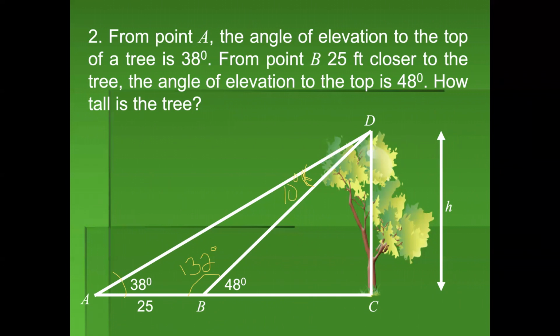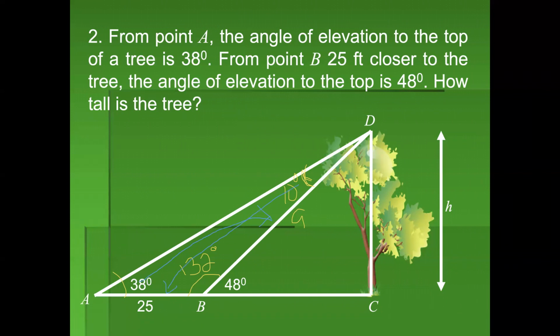Now let us just name it as side A. So to solve for A, we can use the angle A and side A, which are opposite, and then we can also use angle D and side D, using law of sine.